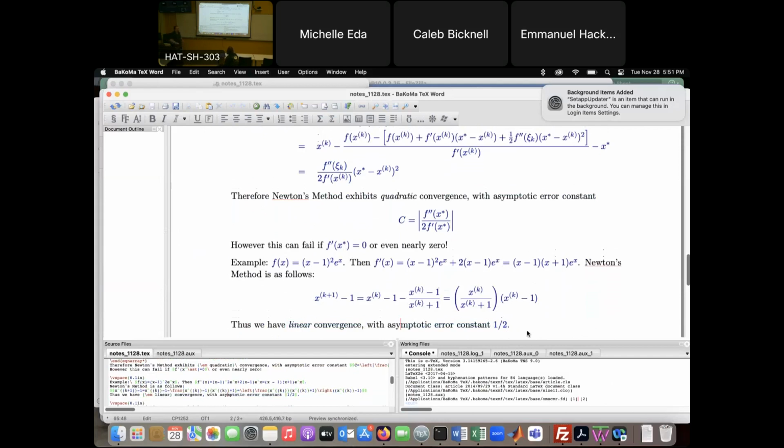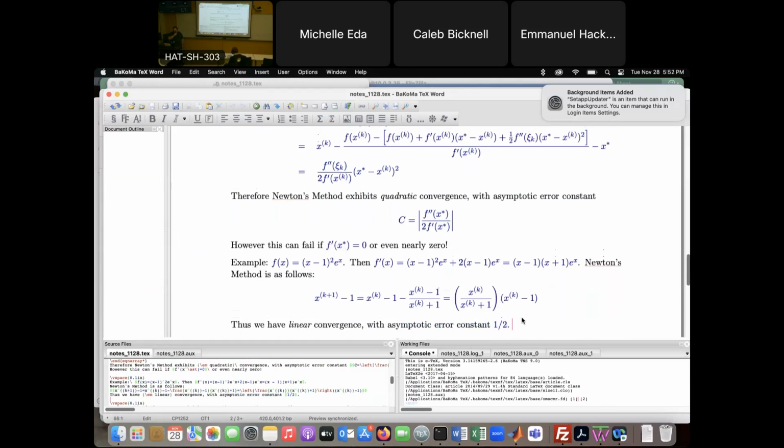Now, it can also be shown that if the root has even greater multiplicity than 2, like if the second derivative is 0 at the root, making it a triple root, it's still linear convergence, but the asymptotic error constant changes. So that's true regardless of the function f.